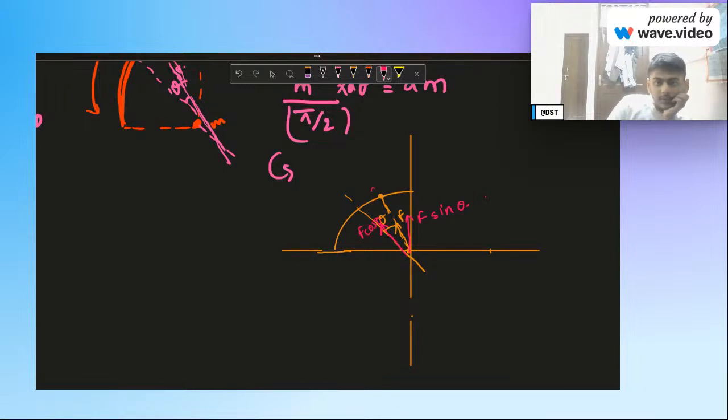Now for every mass dm at an equal angle along the angle bisector, another mass dm is also present. So all the F sine theta components will cancel out.